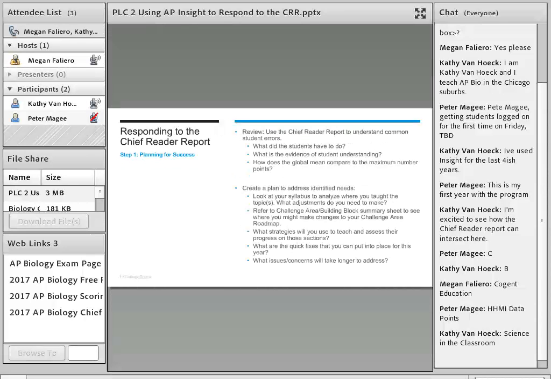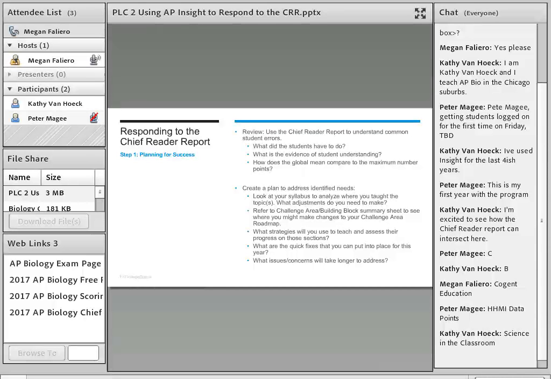So part of knowing the chief reader report, understanding it, having read it, is planning for success, step number 1. Understanding what students have to do on the AP exam, and how they can show their evidence of understanding. In AP Insight, one of my favorite things is the student success criteria.